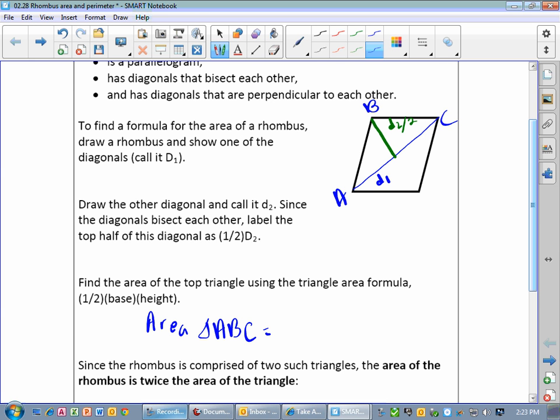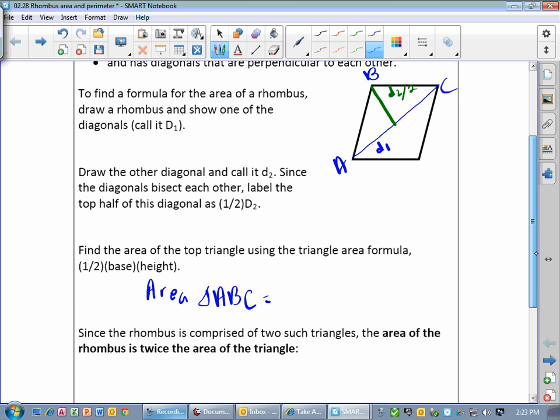Well, we actually went over the area formula for a triangle. What was that formula again? It was half of base times height. Very good. So 1/2 of base times height. So we've got 1/2. Now base 1, or I'm sorry, the base would be the diagonal, right? So we'll call that diagonal 1 times the height, which is half of diagonal 2.